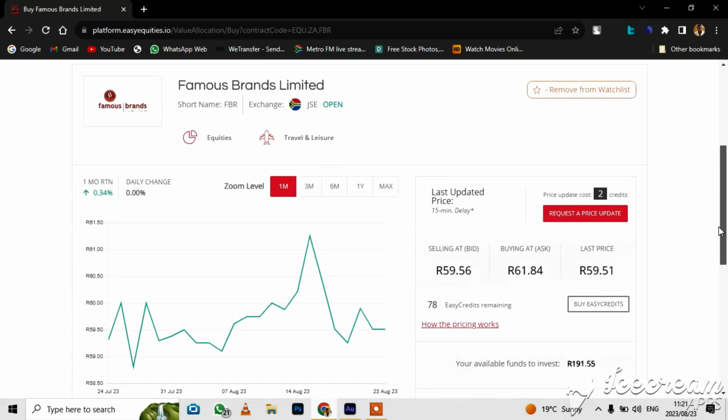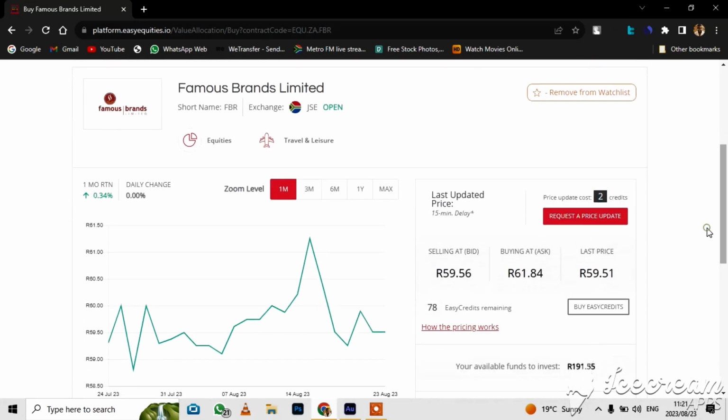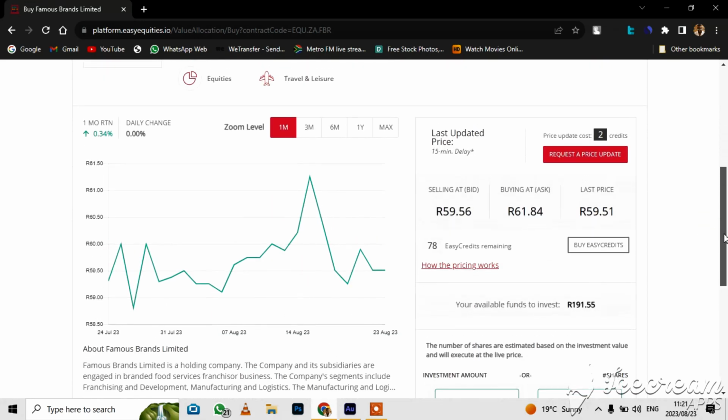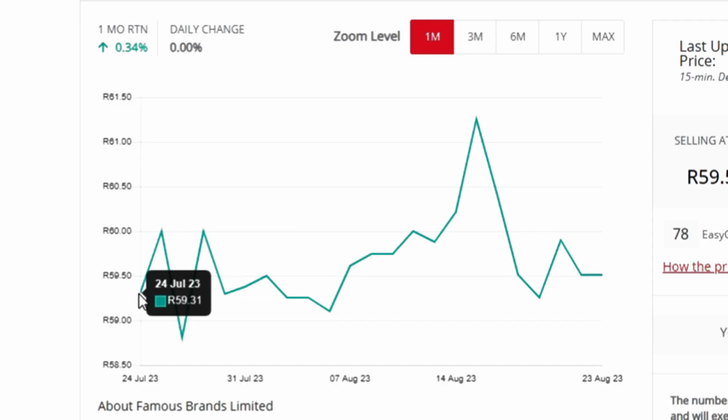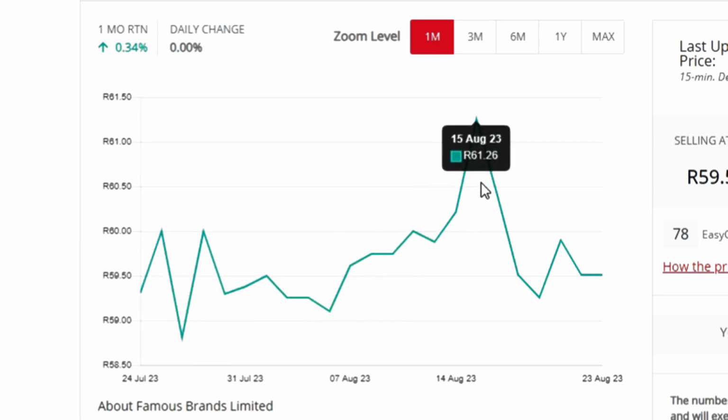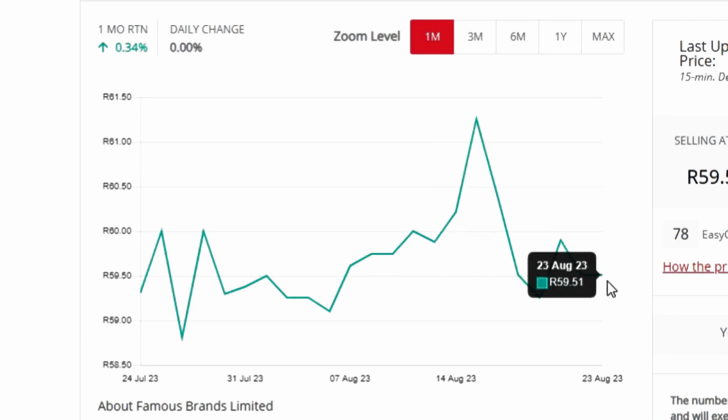So guys, if you want to search information about the company, first thing you need to check on Easy Equity is how the markets are for the company, how does it perform within 1 month. It looks like within a month it performed from 59 rand, and a few days later it went to 61. It wasn't that bad.